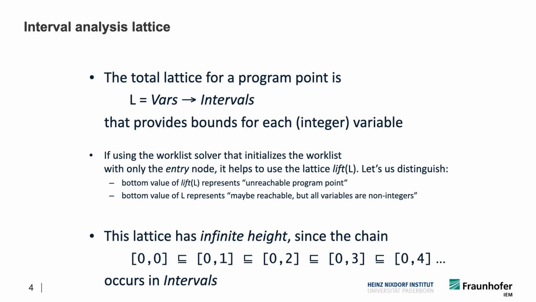One important point, and that's really the important point for this lecture that I'm giving this week, is that as I discussed earlier already, this interval lattice also has an infinite height, right? Because you can have these infinitely increasing chains that go all the way, in this case, for instance, from 0 to positive infinity, and this chain is obviously infinitely long.